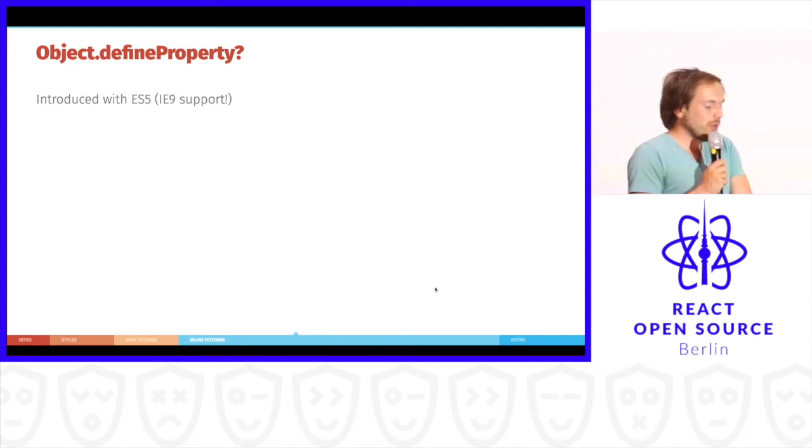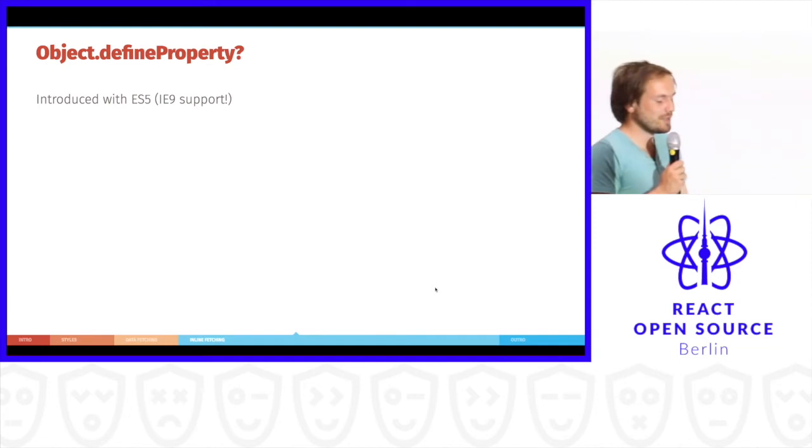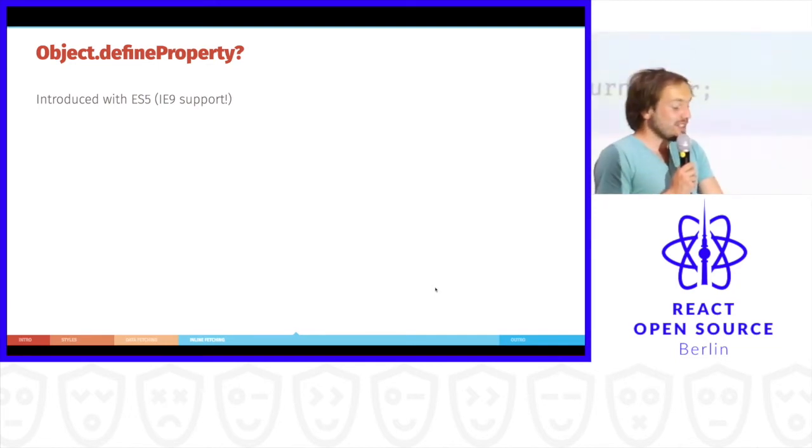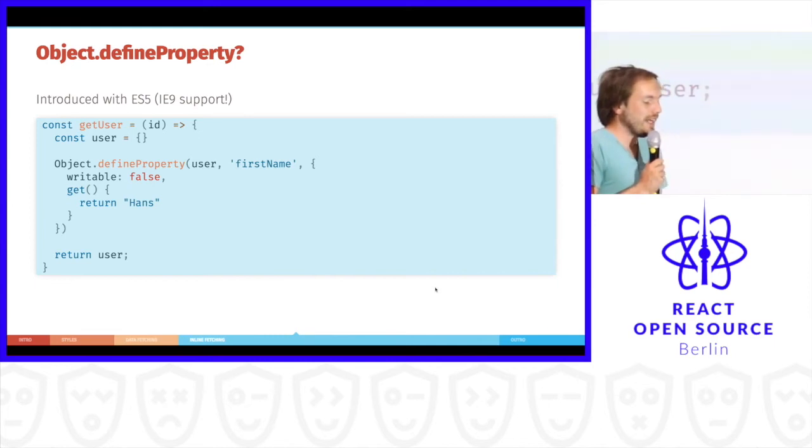Some of you might be wondering what's up with Object.defineProperty. It's actually quite an old technology. It's been defined in ES5, so it's even supported by Internet Explorer 9. So it's quite spread out by now, and it basically works like this. You can create an object and call Object.defineProperty on that object and define a property on that object.